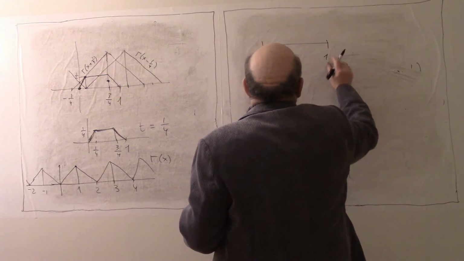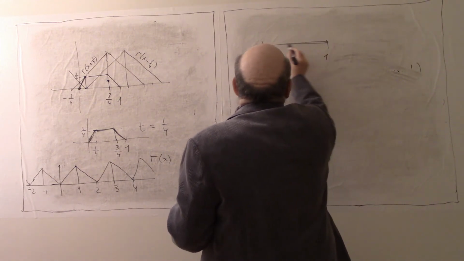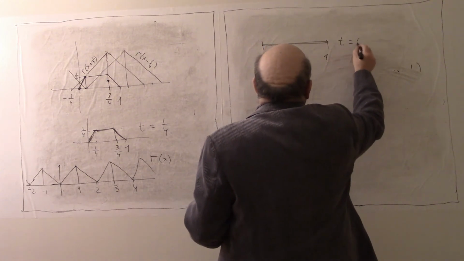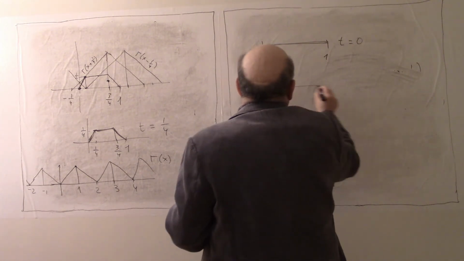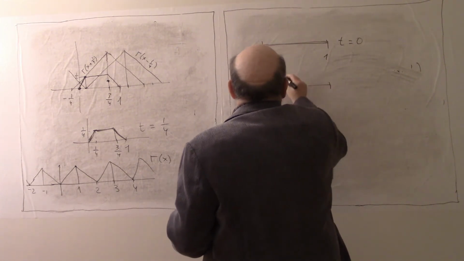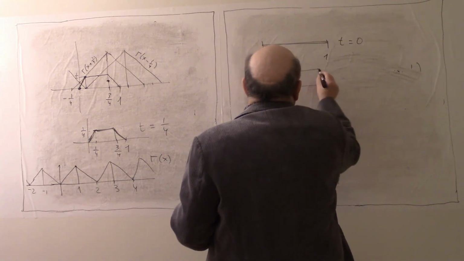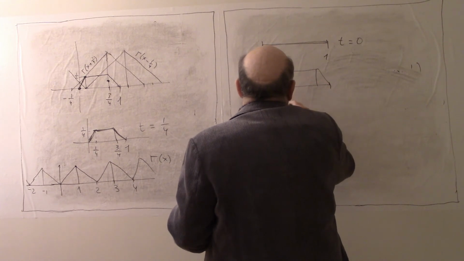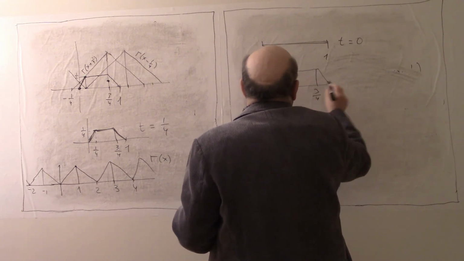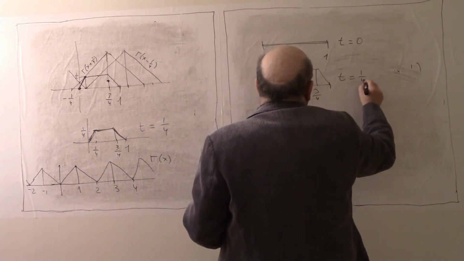Zero, 1. It is the graph of the solution for t equals 0. This is the graph of the solution for t equal 1/4, 3/4.